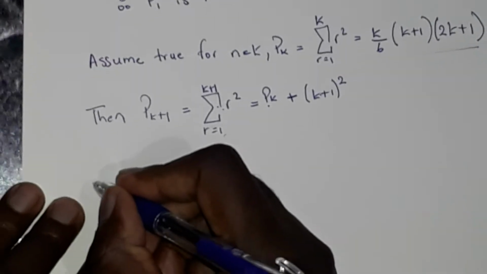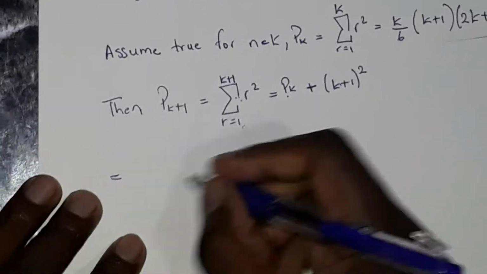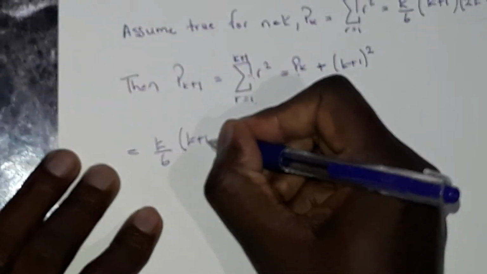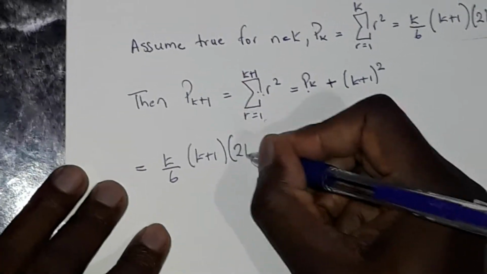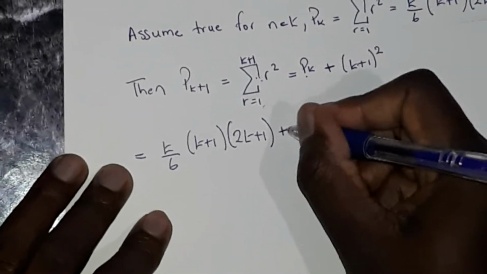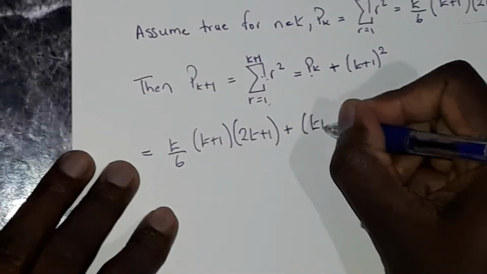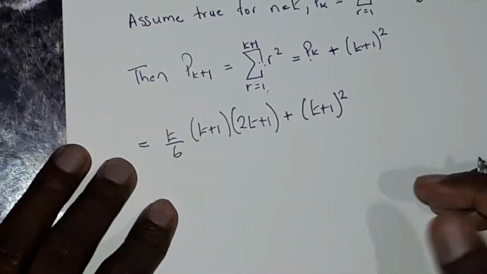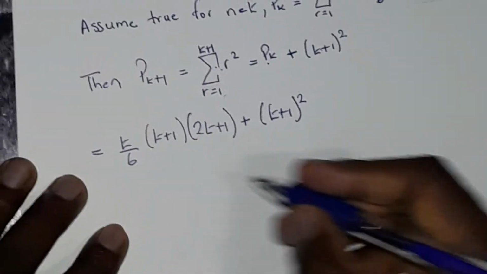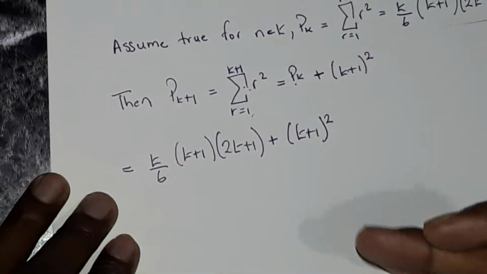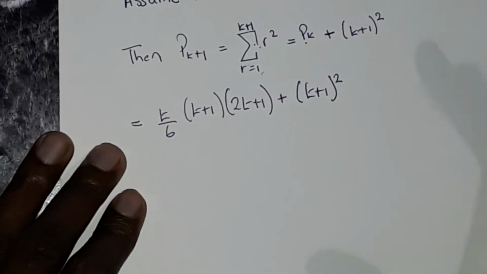This would be equal to k over 6, k plus 1, 2k plus 1, plus k plus 1 squared. Okay, and then we'll try to further simplify that. We want to get it in the simplest form possible.